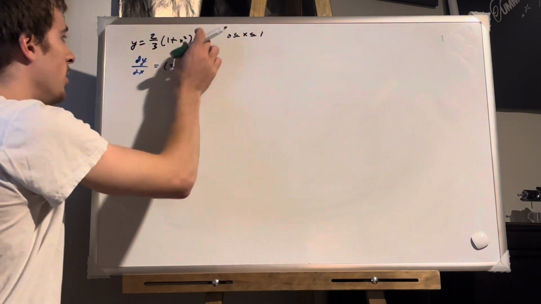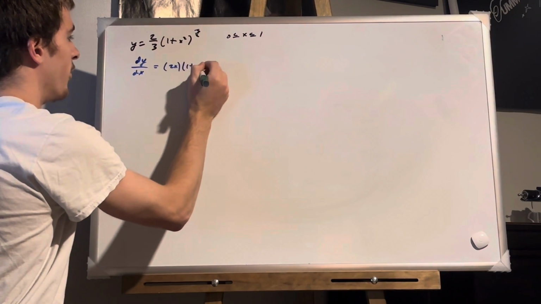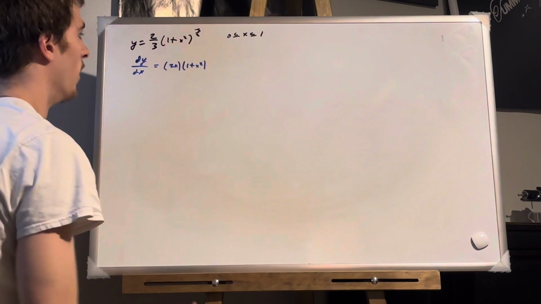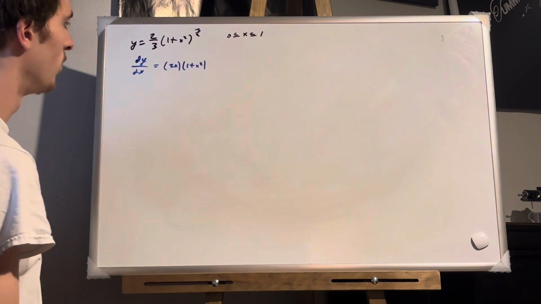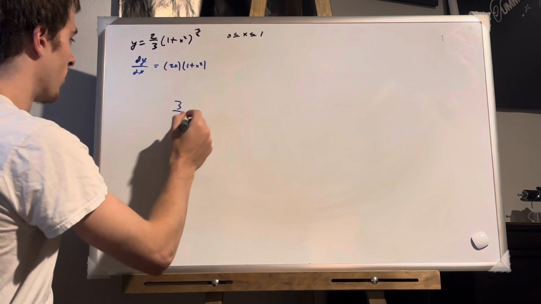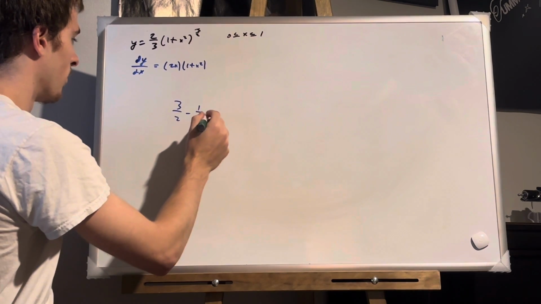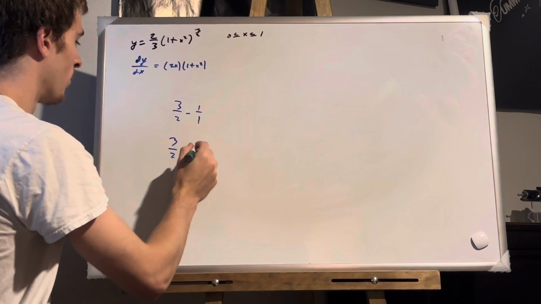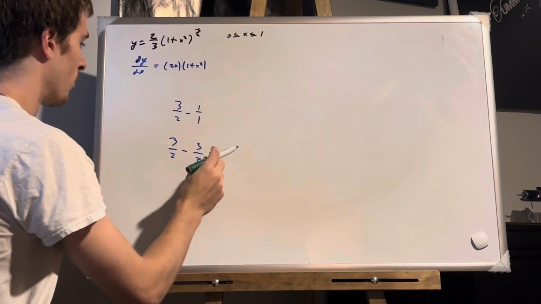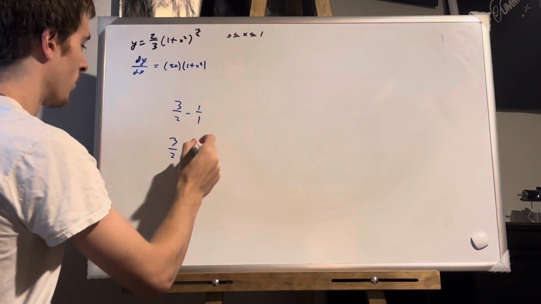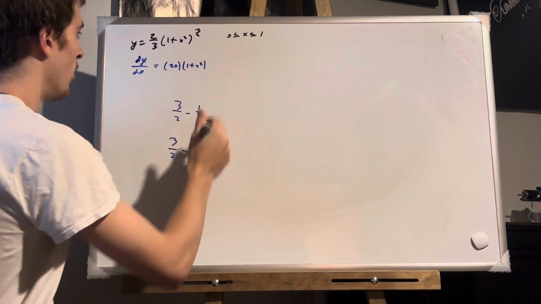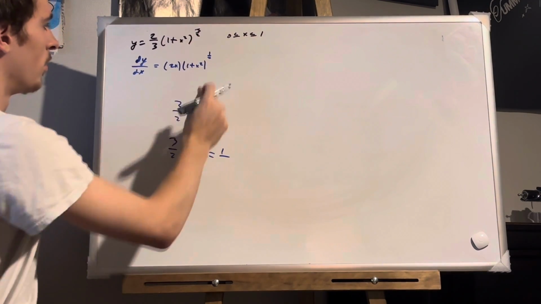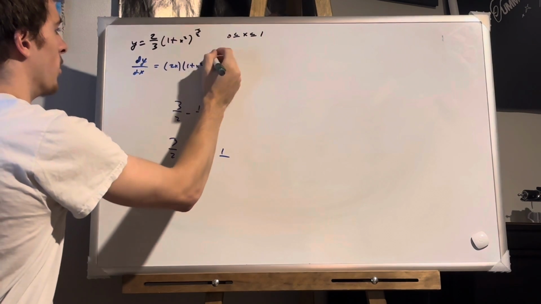Take the derivative of the inside, multiply it to the inside function, and then take that minus 1. So this becomes 1/2.